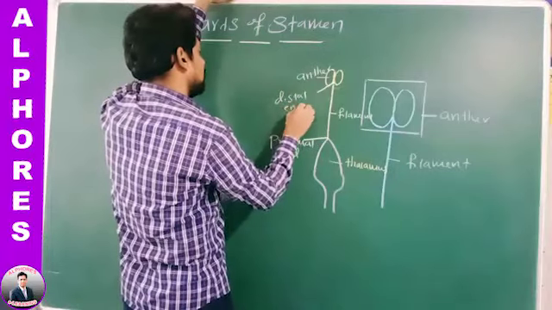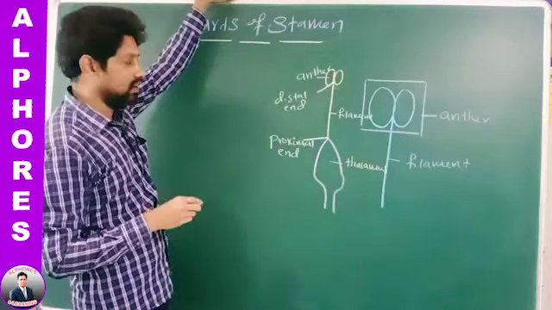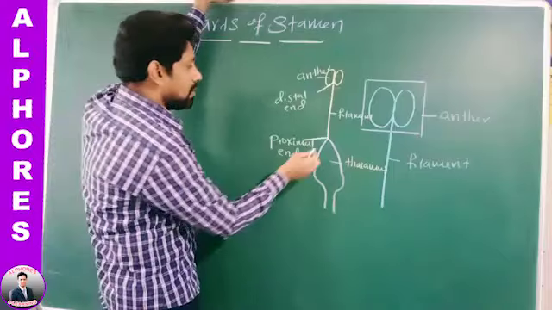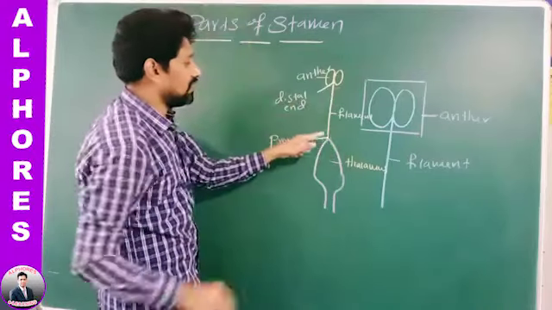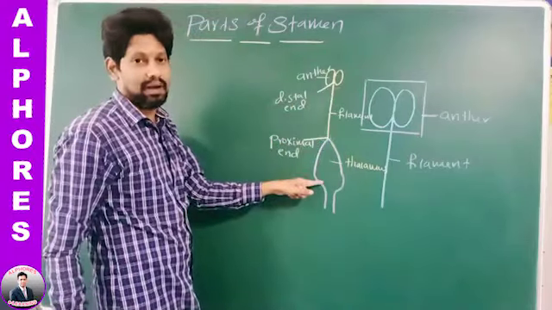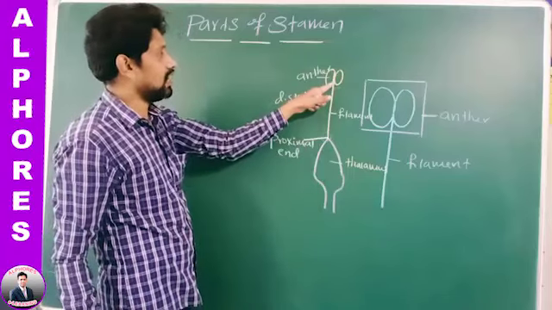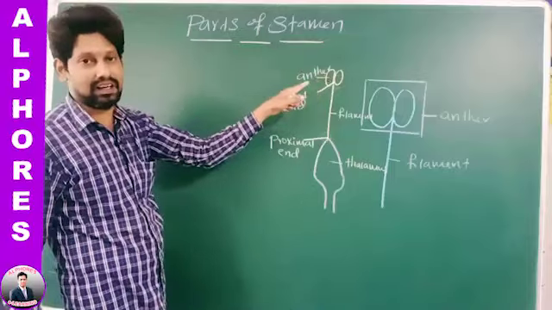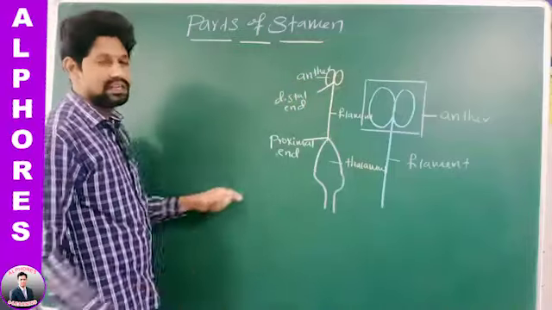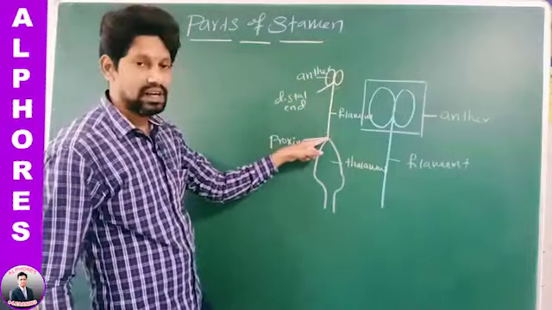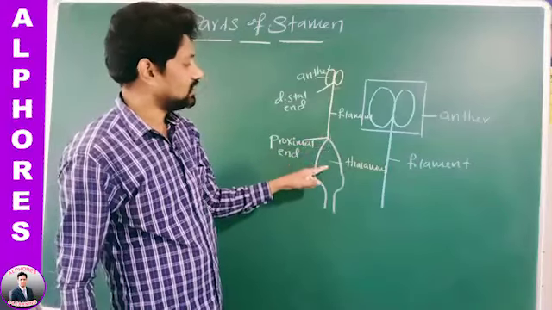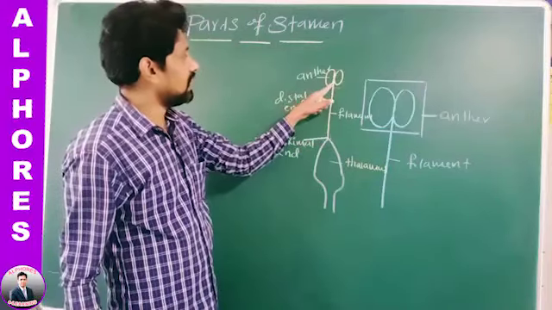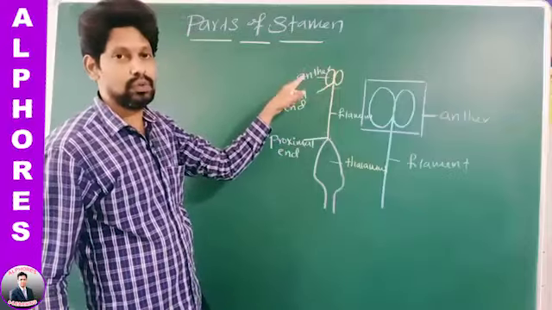Now you see the diagram. The proximal end of the filament is attached to the thalamus, whereas the distal end of the filament is attached to the anther.